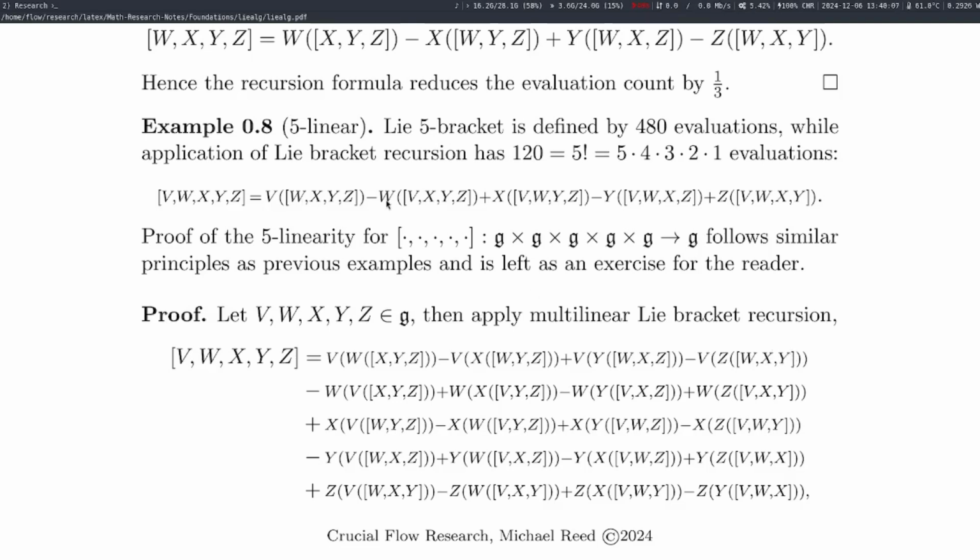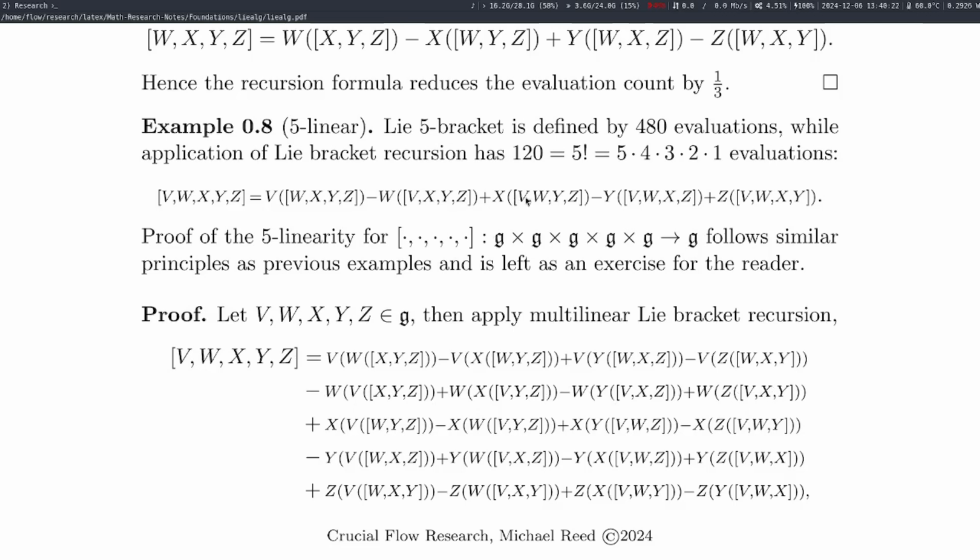And similarly, we can apply the same expansion in terms of trilinear brackets for minus w of the 4 bracket v, x, y, z, and then we end up with those 4 terms.